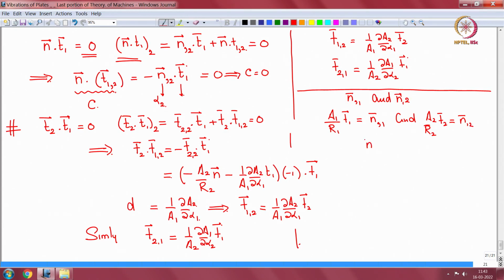So therefore n bar comma 1 2 is equal to n bar comma 2 1. Okay.